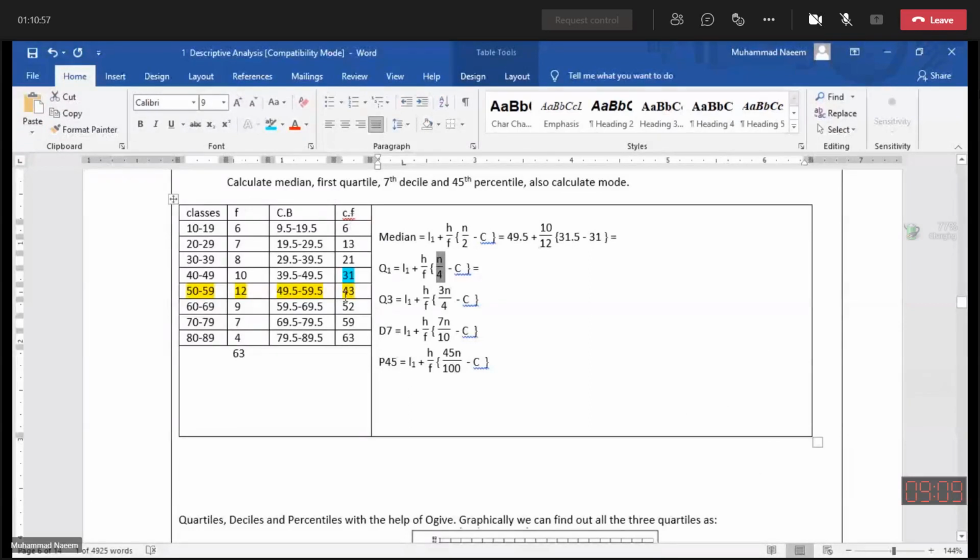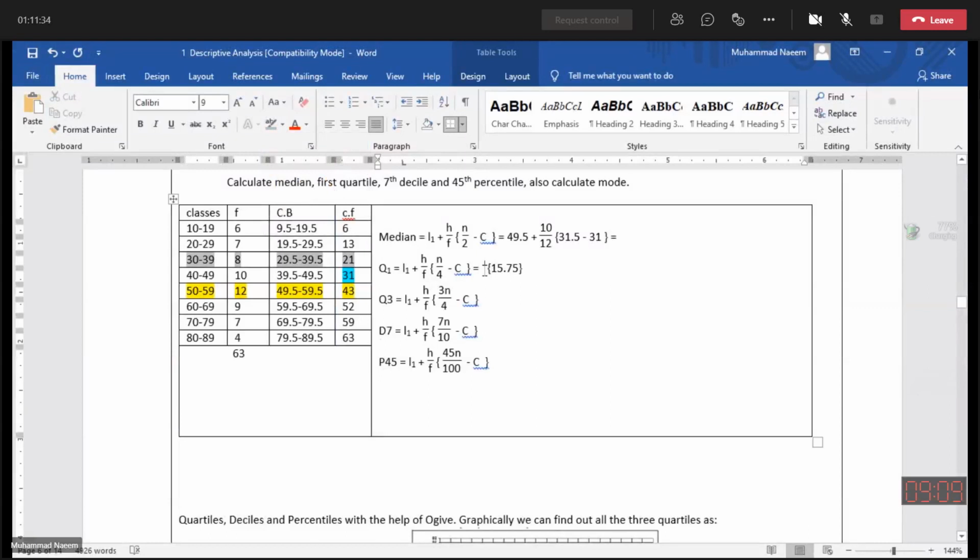Now again look at this cumulative frequency column where 15.75 values are cumulated. 15.75 values means 16 values. So this is the class for the first quartile.